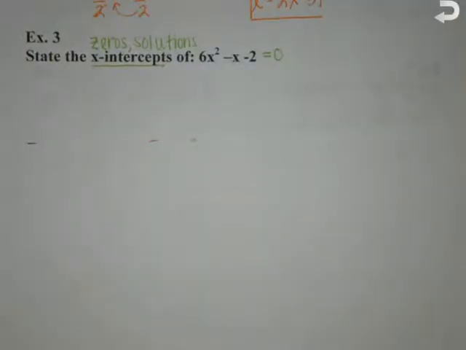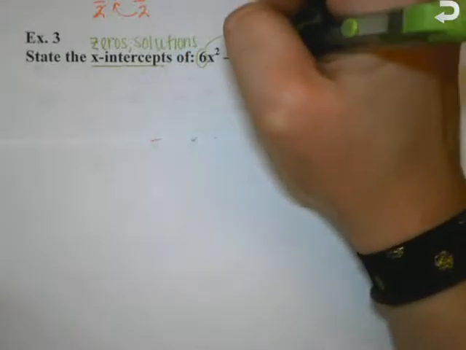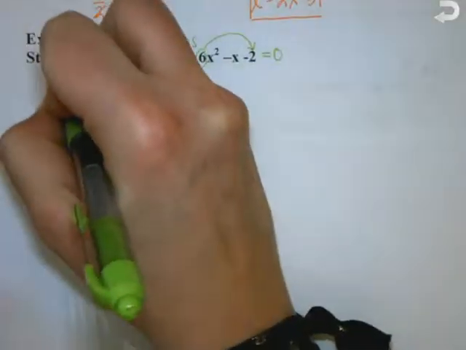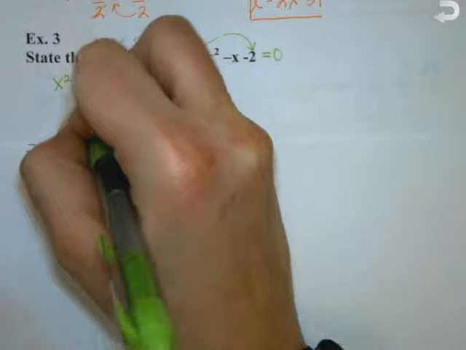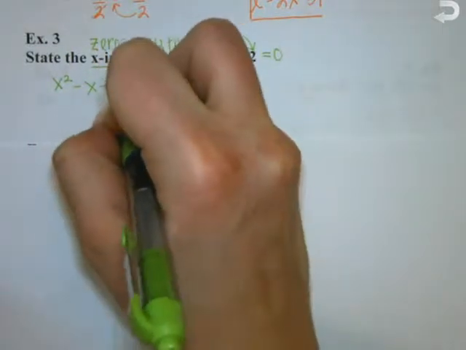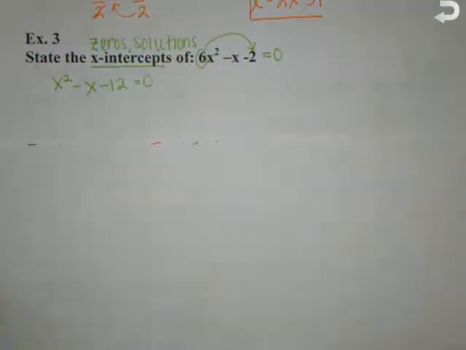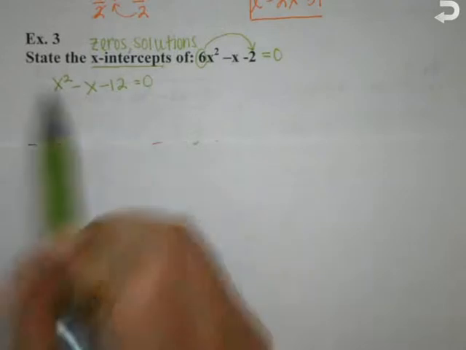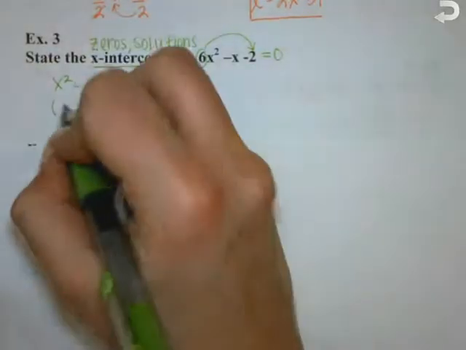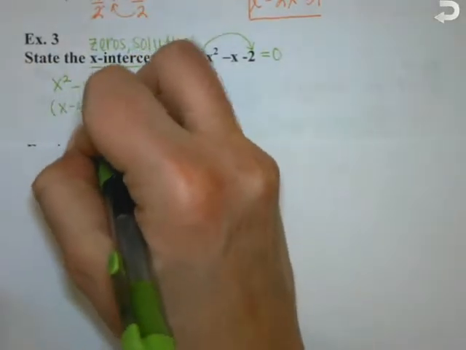So what are you going to do? Bottoms up again. So let's do bottoms up. So that's going to give me x squared minus x minus 12 equals 0. Two numbers that multiply to negative 12 and add up to negative 1. Good. Negative 4, positive 3.